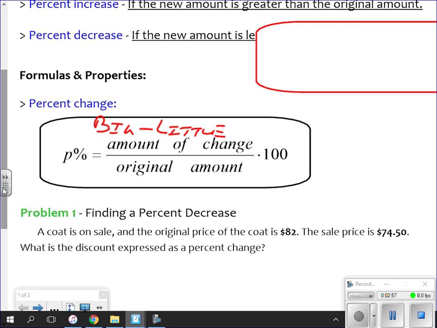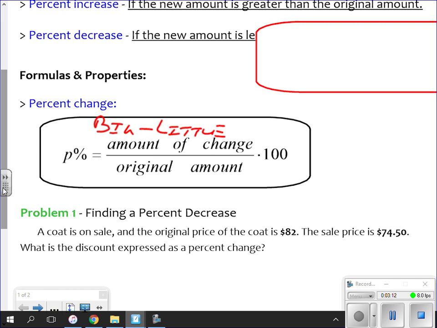Doesn't matter whether that's the big one or the small one, but it's divided by the original amount, what you started with, and then you multiply that times 100 in order to get a percent. Big minus little over what you started with times 100.